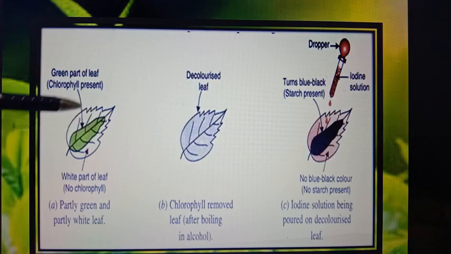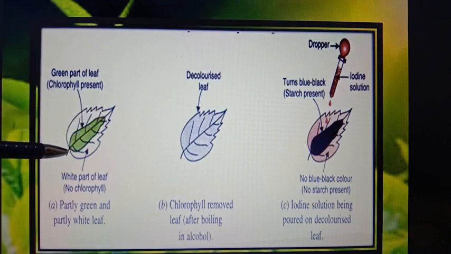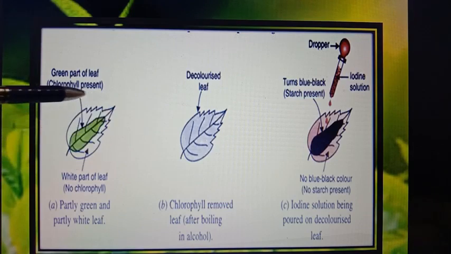Like croton, coleus, these are examples of variegated plants. Green parts mainly contain chlorophyll, but the white part doesn't contain chlorophyll.